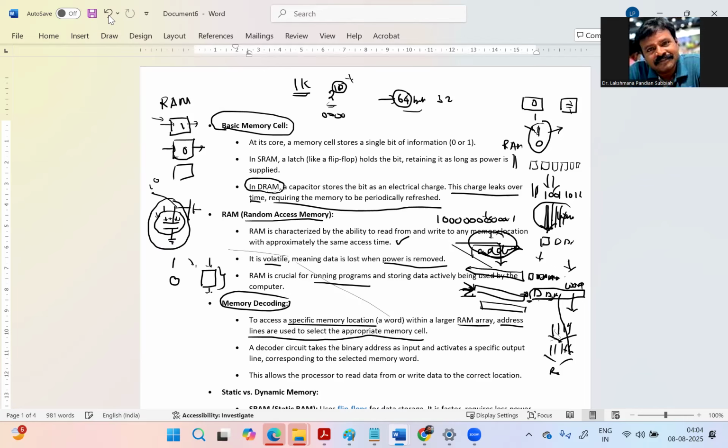It starts with all zeros, at the end we have all ones, and in between we have the binary numbers. This address line gives us 1024 locations of 8-bit data memory. This allows the processor to read data from and write data to the correct location.